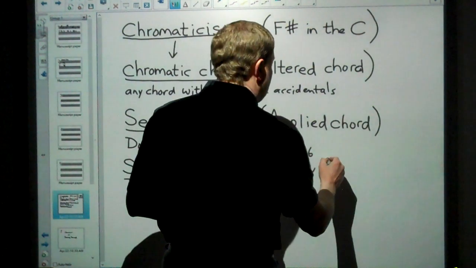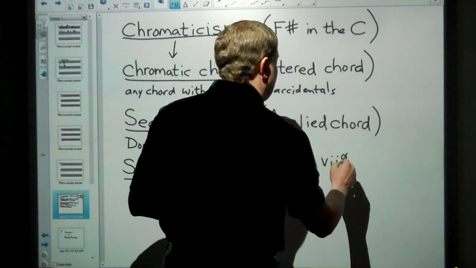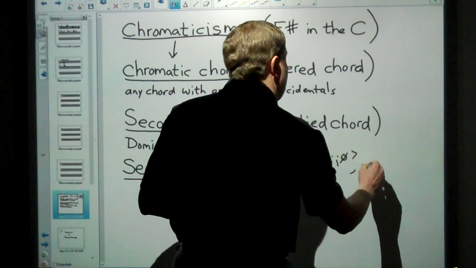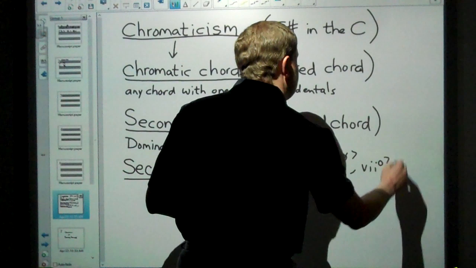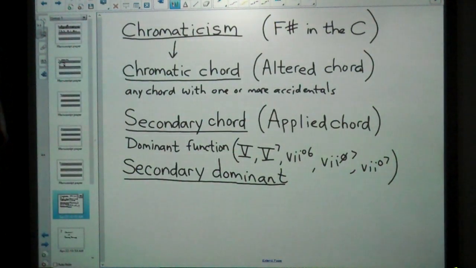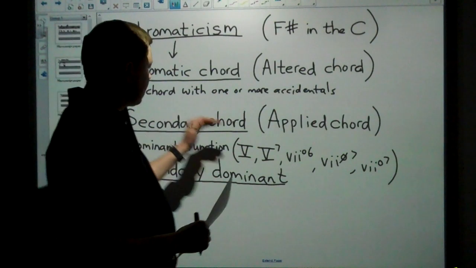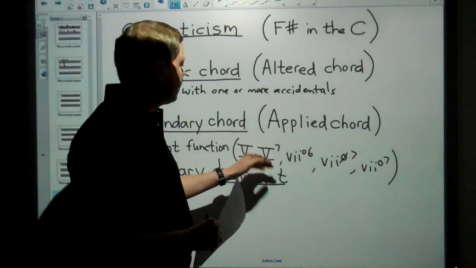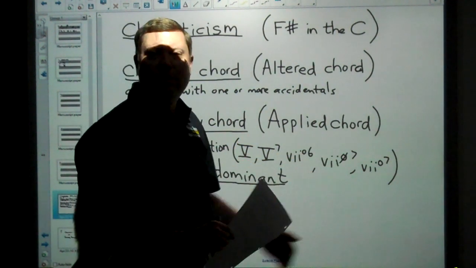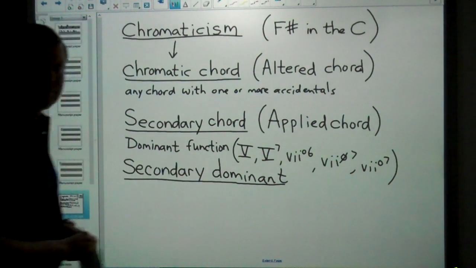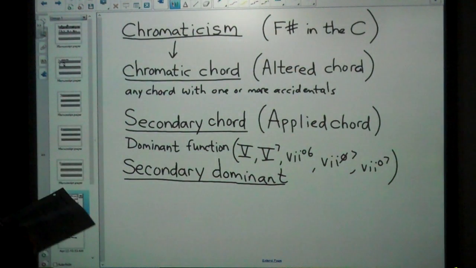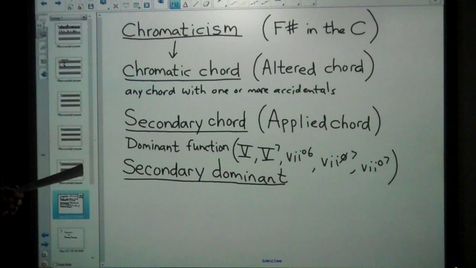And the 7-7 chords that we have learned recently also possess dominant function. So a secondary chord is always going to be a 5, a 5-7, a 7 triad, or a 7-7 chord, because those chords possess dominant function.